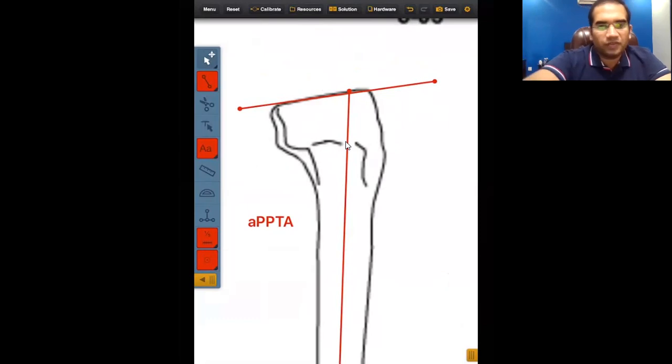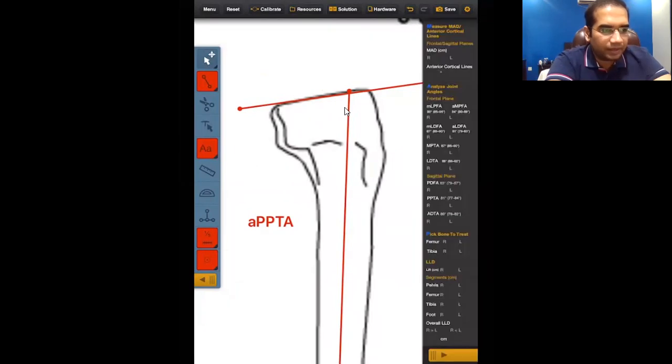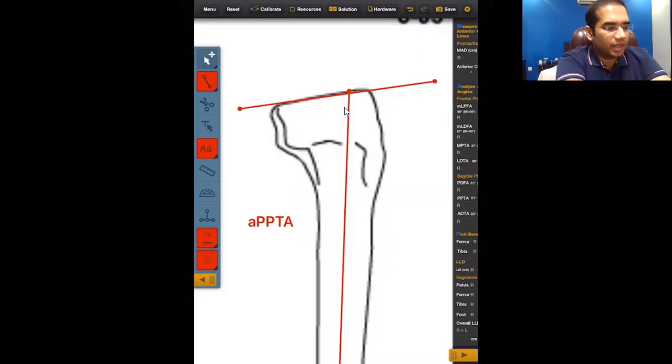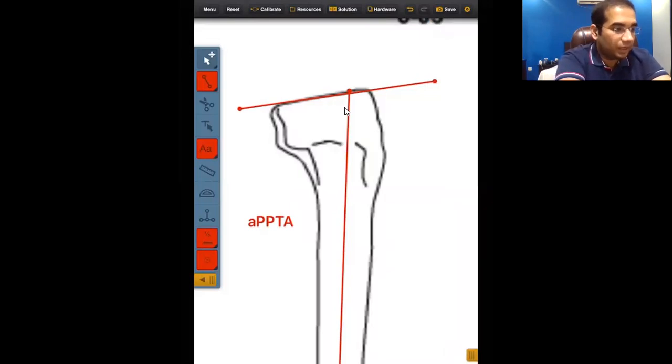So that's why we have taken the posterior angle. Anatomical posterior proximal tibial angle, the reference value is 81 degrees. The mean is 81 degrees and the range is 77 to 84 degrees.